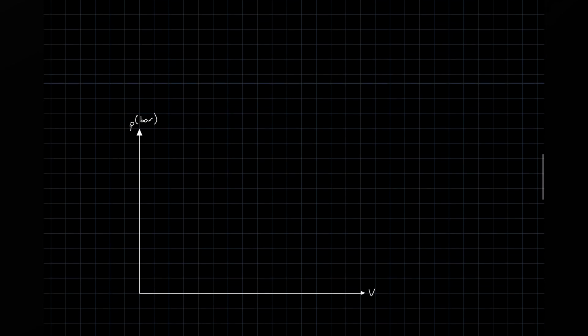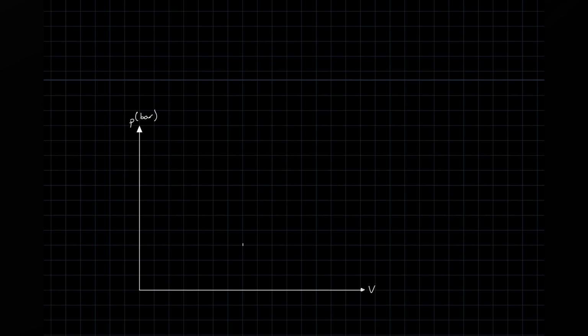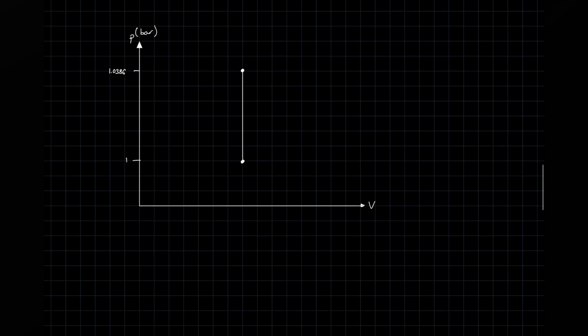We know that our volume doesn't change, so straight away we're just going to have a straight vertical line between our initial and final pressure, and it's just a case of labeling it. Our initial pressure was 1 bar and our final pressure was higher, which was 1.0386. And this is the PV diagram.